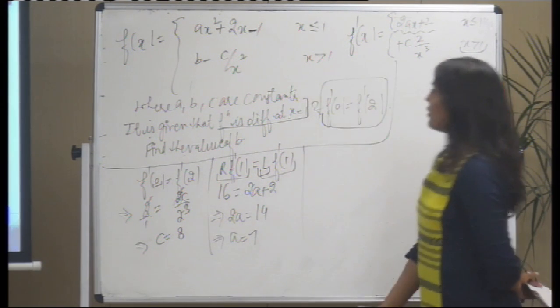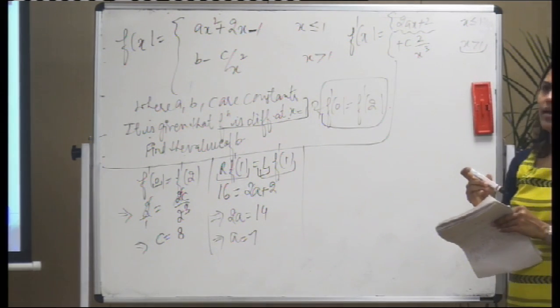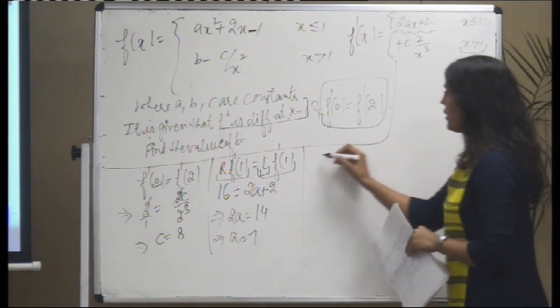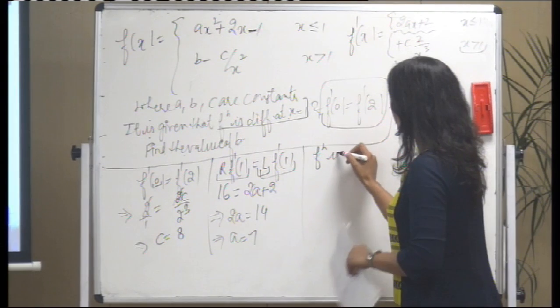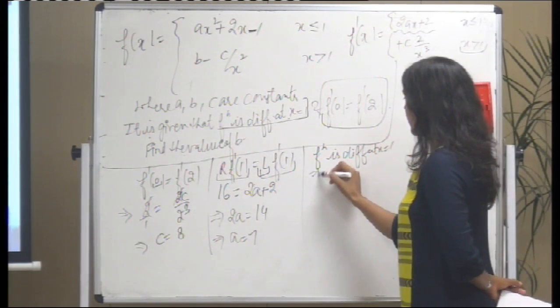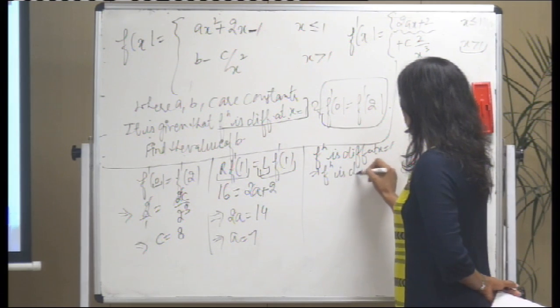Now again the issue of the b value. The b value we will get by the fact of continuity. The function is differentiable at x = 1, which implies the function is continuous also.